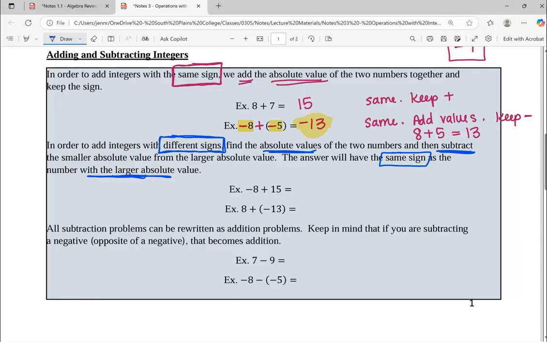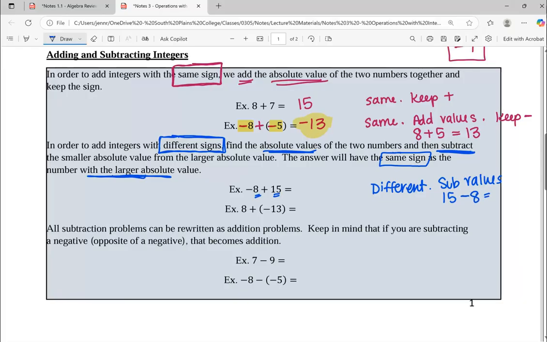So an example, negative 8 plus 15. I have one negative and one positive value, so these were different signs. That means I actually need to subtract the values. The bigger one, don't think signs right now, think about just pure absolute value, 15. And I'm going to subtract the smaller one, the 8.